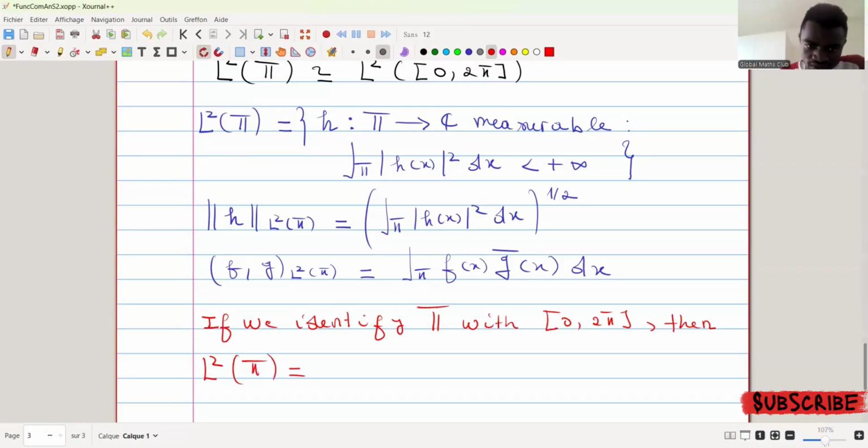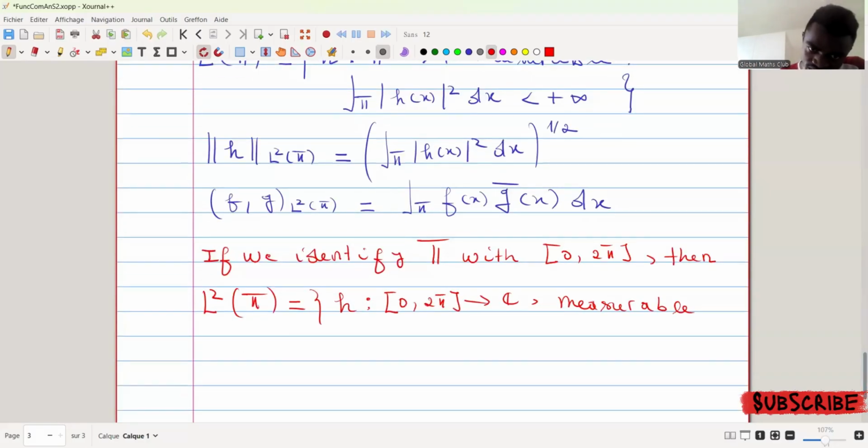So instead of what we previously took, we are going to take the functions from 0, 2 pi to C, measurable, such that the integral from 0 to 2 pi of this is finite.